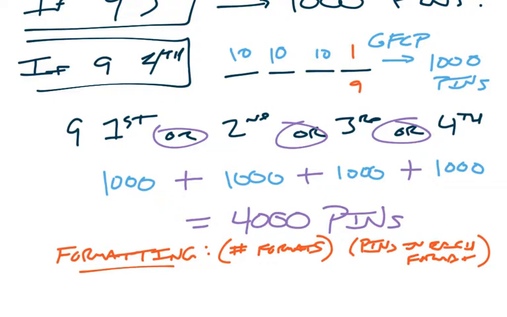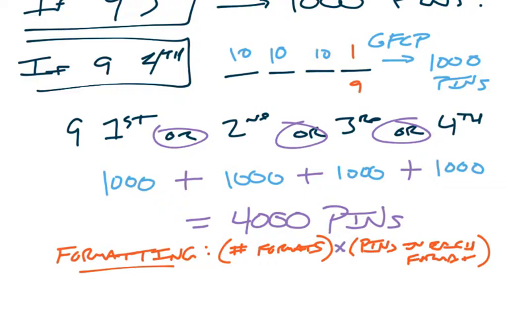And because we're viewing this as two decisions that we're making, if we can figure out how many different formats there are and then how many pins are in each format, the fundamental counting principle says to multiply these together to give us the total number of pins that have a 9 in it, no matter where the 9 is. All right, so this is the idea, and this is my preferred way of solving problems like these.